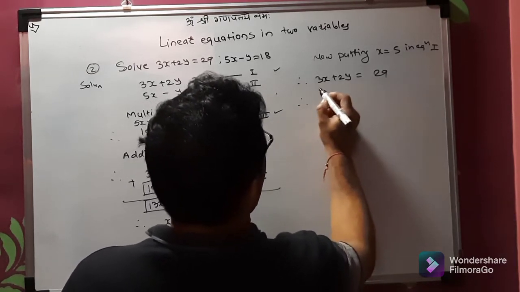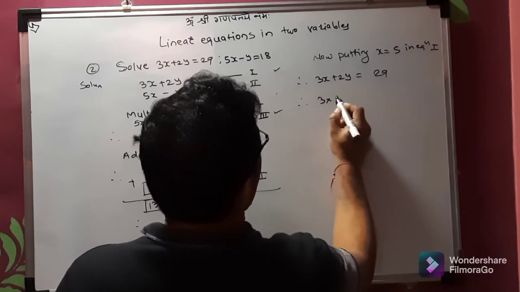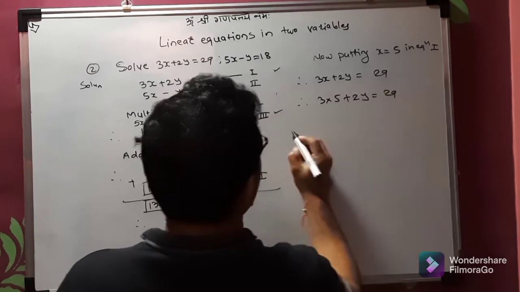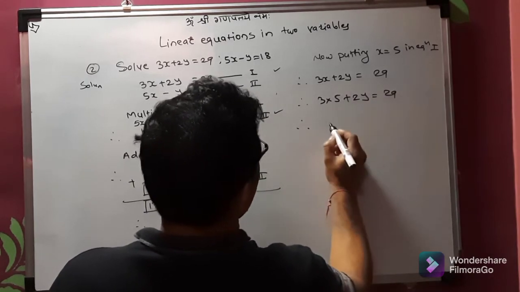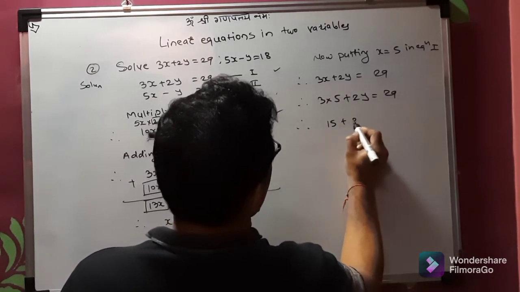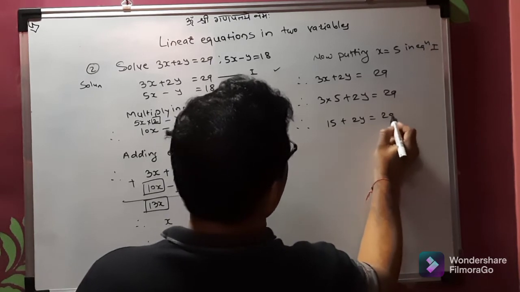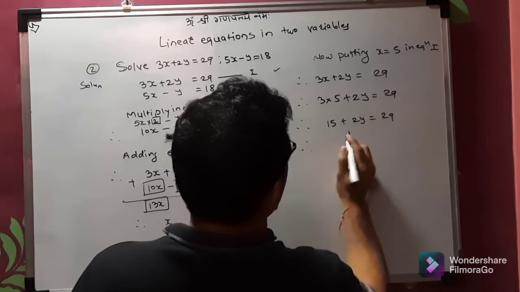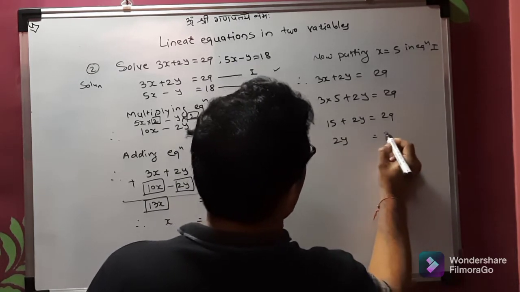So 3 into 5 plus 2y is equal to 29. So 3 fives are 15, plus 2y is equal to 29. So 2y is equal to 29.